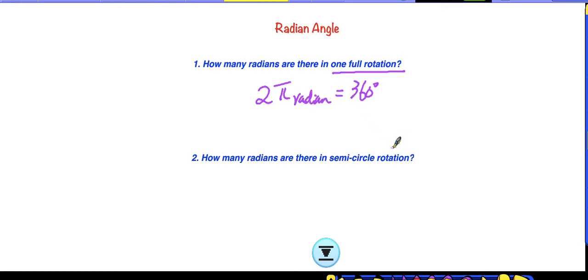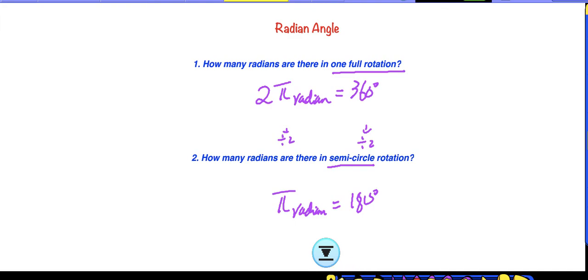Then how many radians are there for a semicircle? A semicircle is half a circle, meaning 180 degrees. If we divide both sides by 2, you get pi radians.